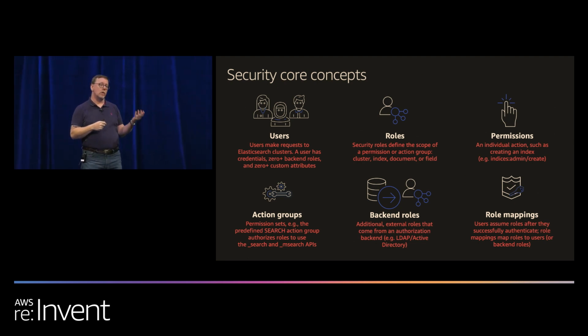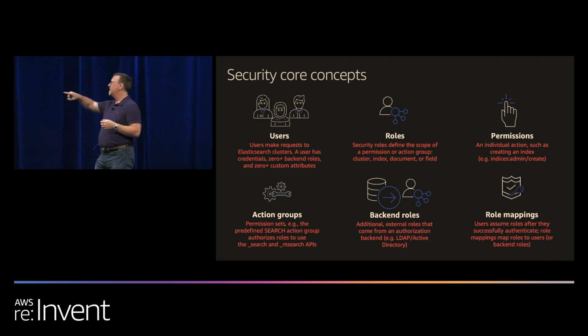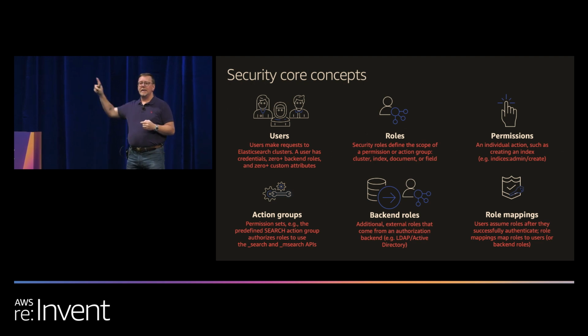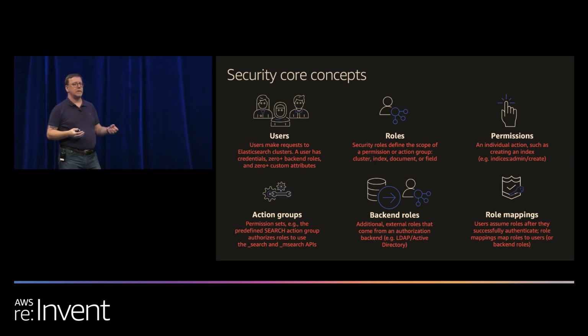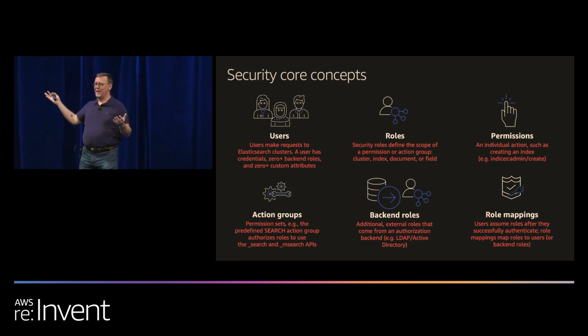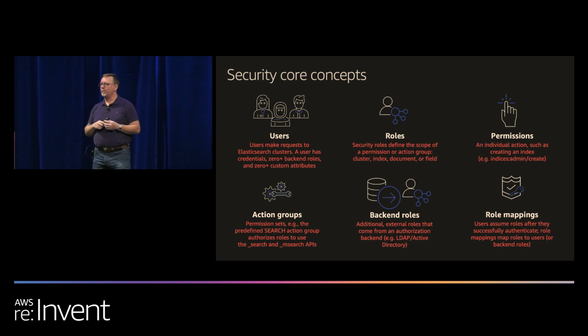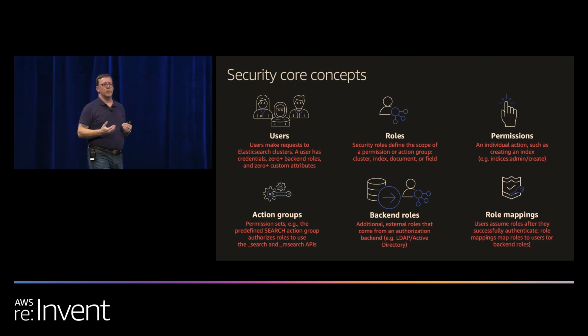Users also have a role, or multiple roles. Roles collect actions that that role is allowed to perform. So we assign roles, we actually assign users to roles to give them permissions. Permissions are things like read indexes, make cluster changes, all kinds of different things, admin, etc. Now the permissions themselves are actually grouped into action groups.